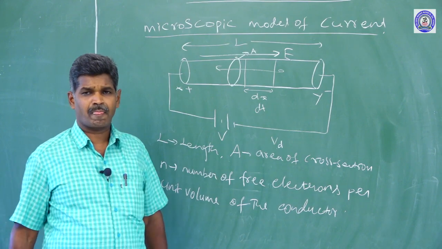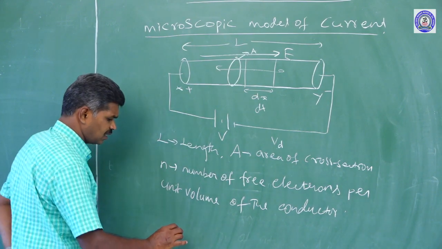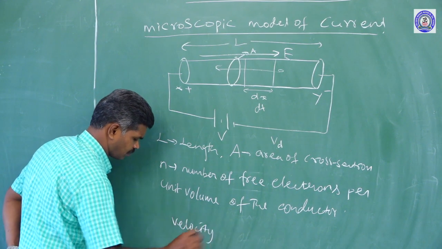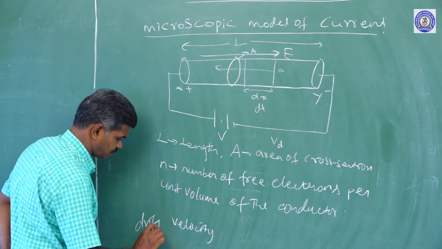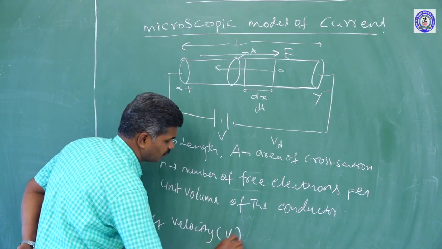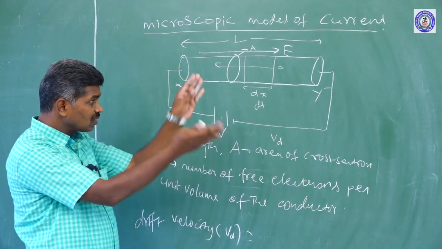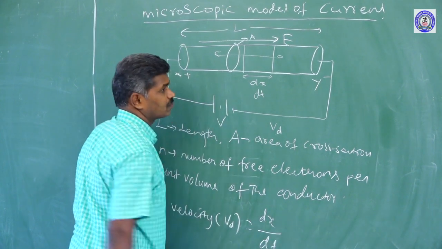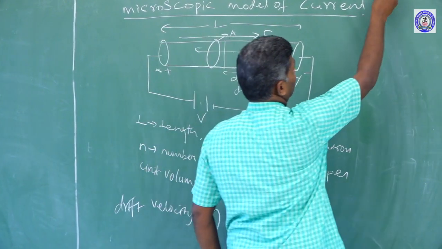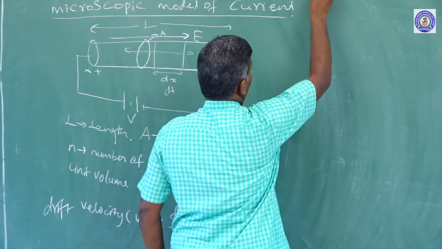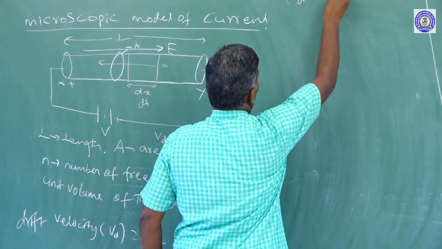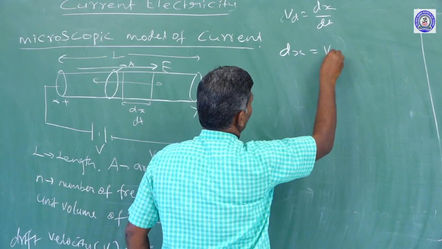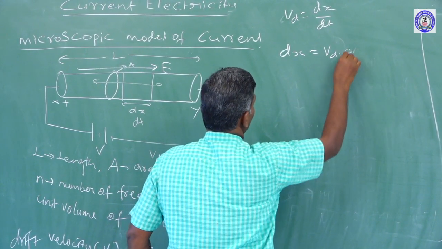So we can write drift velocity Vd equal to distance moved dx in a time dt, so Vd equals dx by dt, then the distance moved dx is equal to Vd into dt.